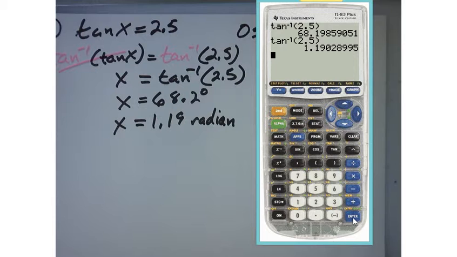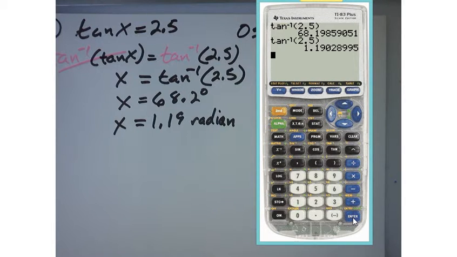And we have to think about the period of tangent, because tangent is a trig function and it repeats itself. Usually it's some variation of pi. You can either add pi or subtract pi or 2 pi.